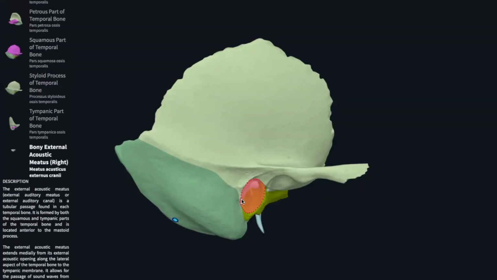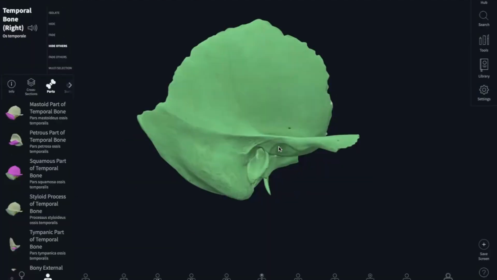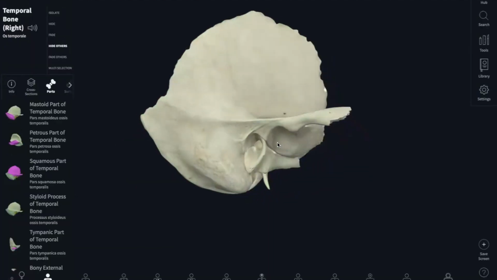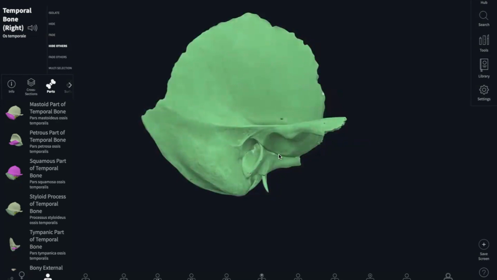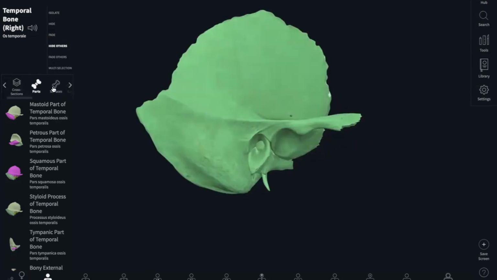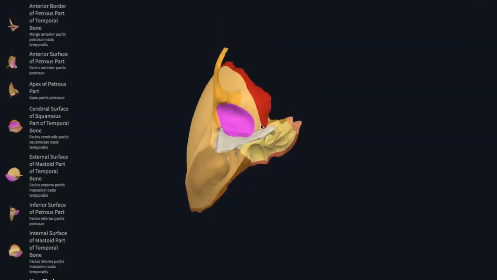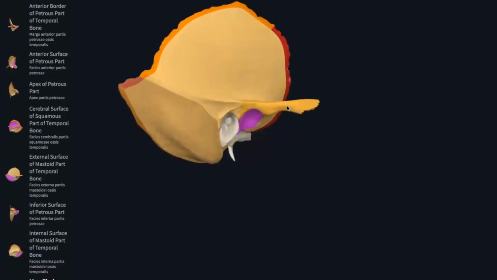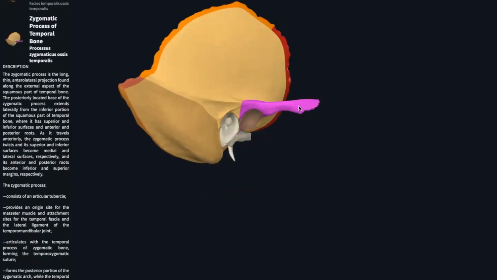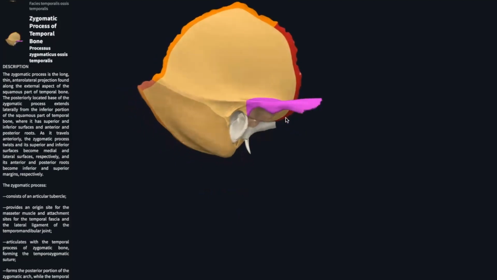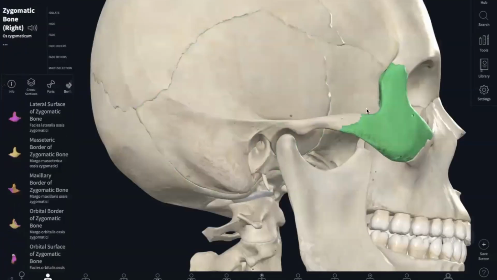Then next is your mandibular fossa. Remember, a fossa is kind of a shallow indent in the bone, would mean near your mandible, would be right here, this pink part, right underneath this part, which is your zygomatic process. And if you remember, the zygomatic bone is going to be right here.